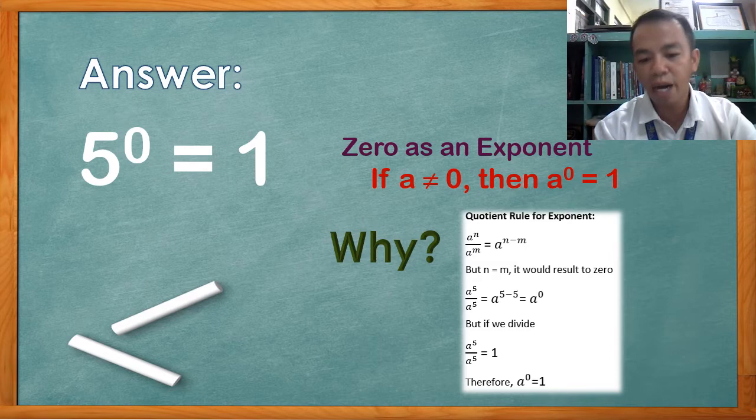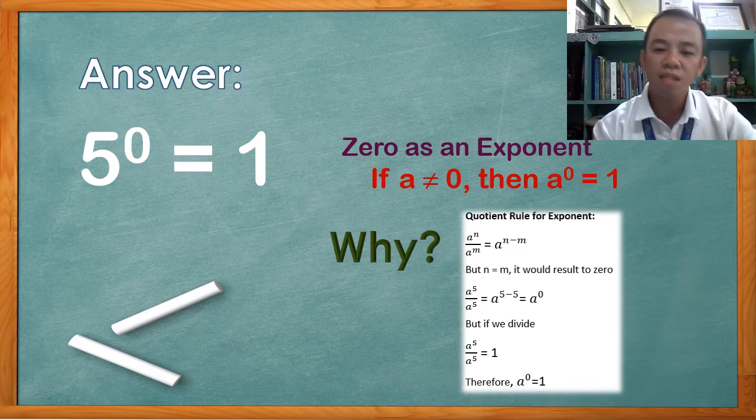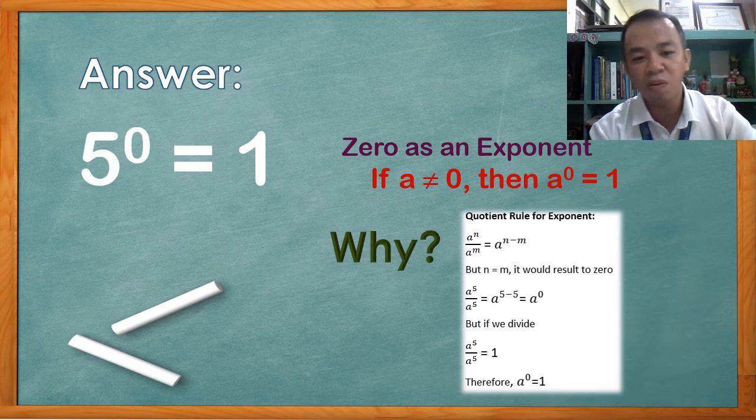But if we divide a to the power of 5 all over a to the power of 5, if you observe, they are the same number, just like 10 divided by 10, 5 divided by 5, 11 divided by 11, which is just equal to 1. Therefore, a to the 0 is equal to 1. So that is the reason why any number raised to the power of 0 is equal to 1.